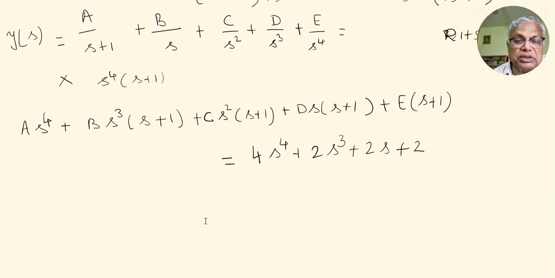Now you have to evaluate these 5 constants. There are 2 ways. Number 1, you can assign some values of s on both sides and evaluate the constants, or you can compare the coefficients of like terms. So first let me assign s equal to 0.